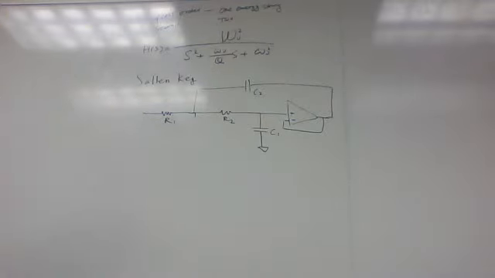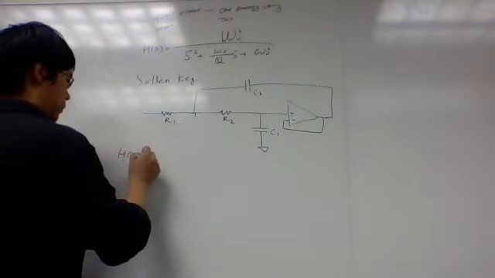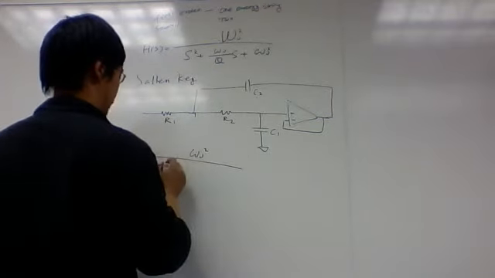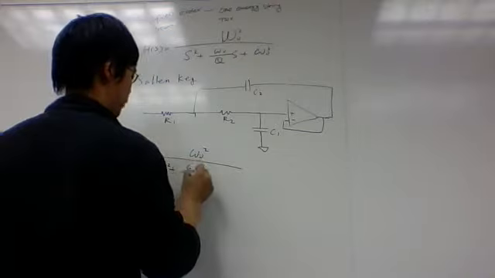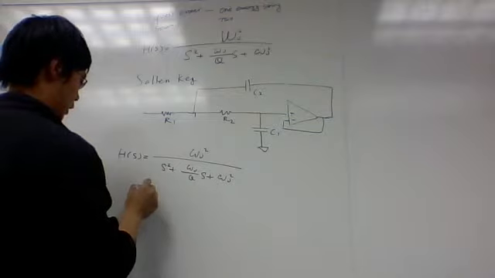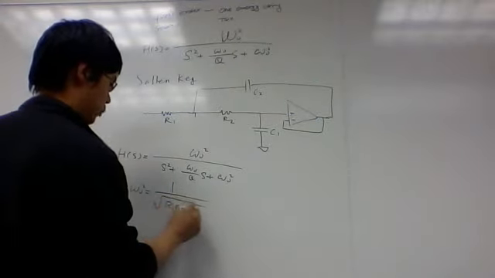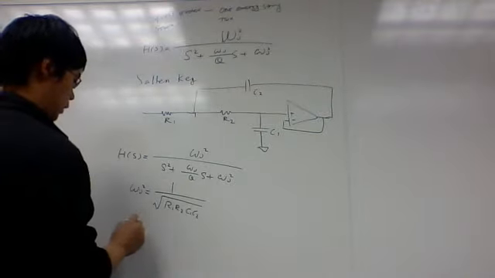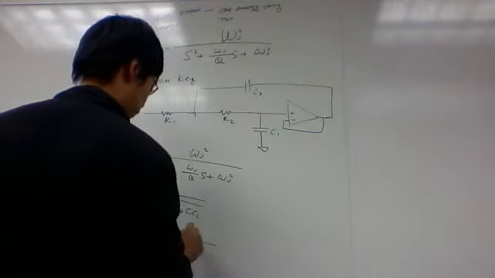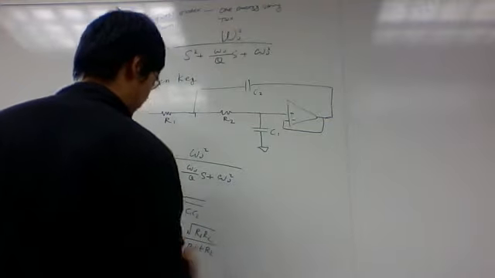So this transfer function is omega 0 squared over s squared plus omega 0 over Q times s plus omega 0 squared, where omega 0 is 1 over the square root of R1 R2 C1 C2, and Q is something like the square root of C1 over C2 times the square root of R1 R2 over R1 plus R2. Okay.